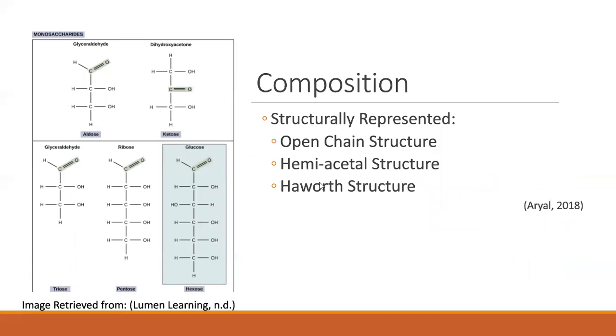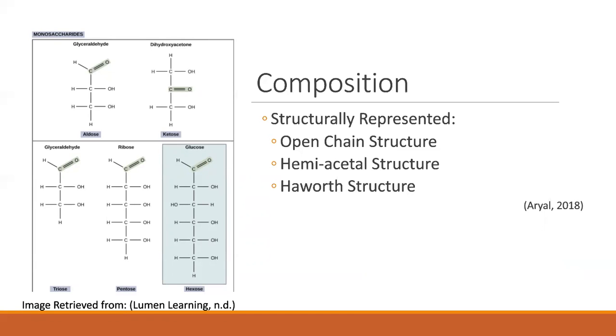These structures of carbohydrates can be drawn or represented in three different forms. You have probably seen the open chain form, which I have a picture of on the right here. Those are the long straight chains. And then you have the acetal structure, which is in the form of those ring structures that we've seen on the last slide.